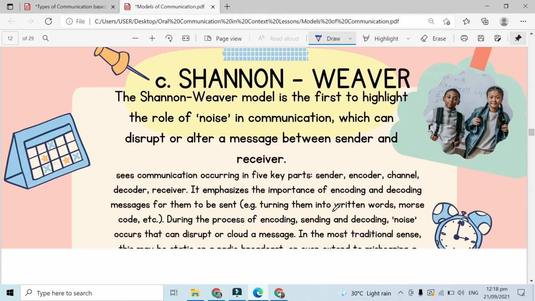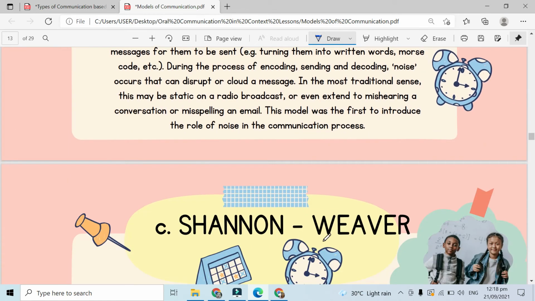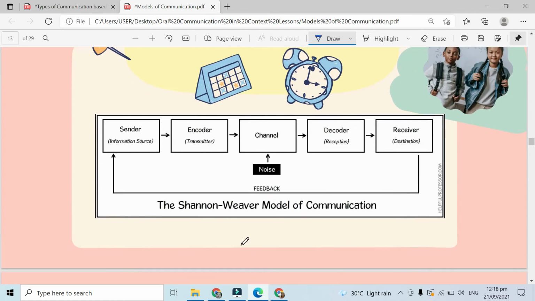The next one is Shannon and Weaver. It is the first to highlight the role of noise in communication, which can disrupt or alter a message between the sender and the receiver. Guys, this is actually the mother of all models of communication. In this model, we have the sender or the source of information, encoder, the channel, decoder, and receiver.